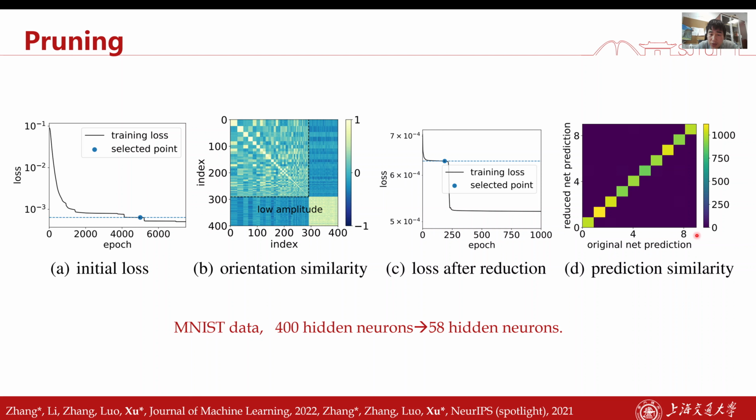For the samples predicted as 0 by the original network, this Y value indicates the prediction of the reduced network. This color indicates the number, and we can see that all samples are concentrated on this diagonal.